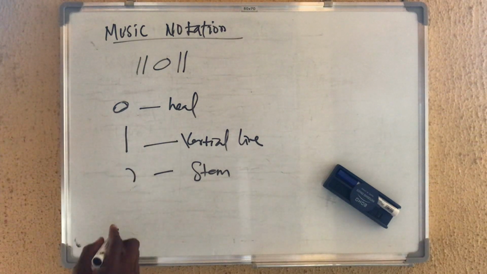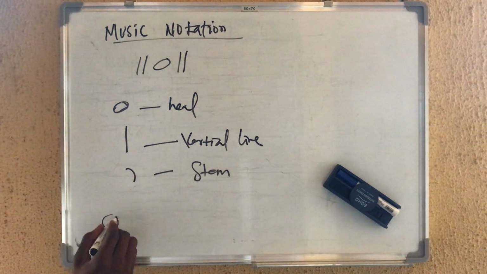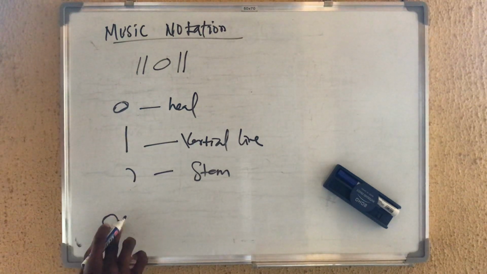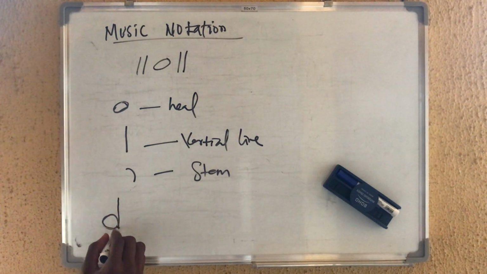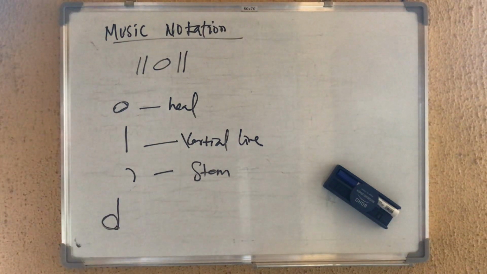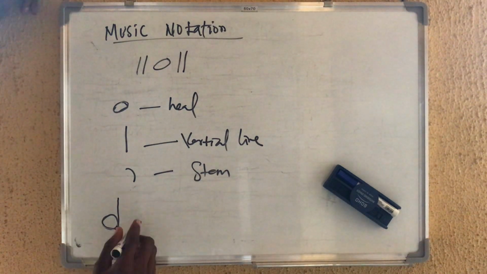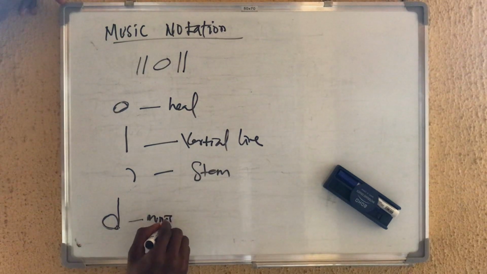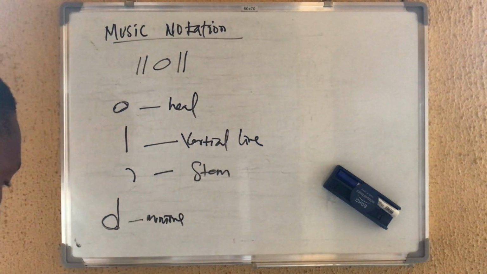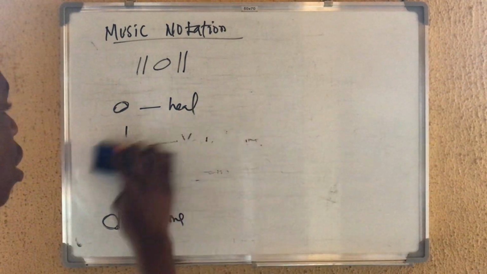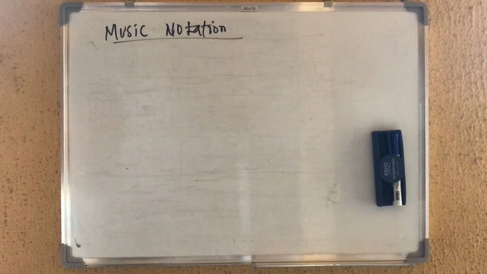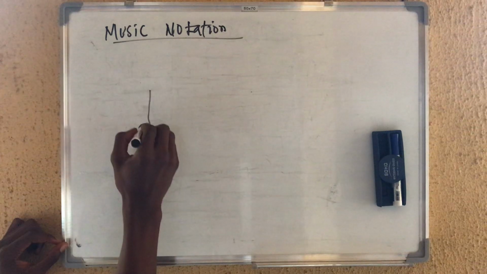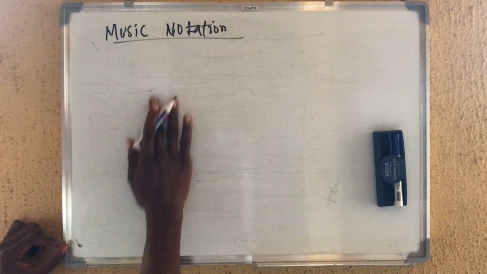Then when an open circle note head is attached to one vertical line, we call it a minim. Then when we see the head shaded, okay, let me try this.